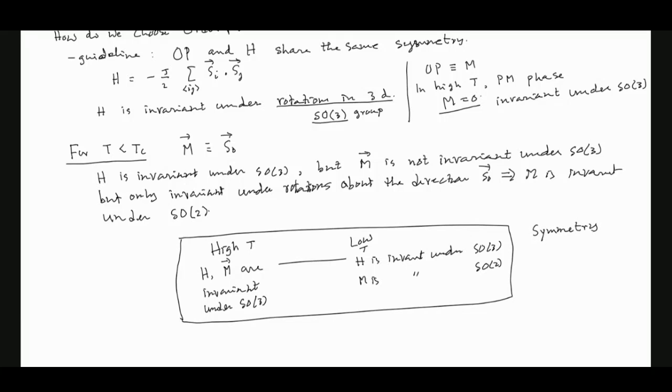Okay, so this idea is very profound in the sense that it is the same idea that is used in the Higgs mechanism, for example. The Higgs mechanism is very important for giving mass to the gauge bosons in electroweak theory.